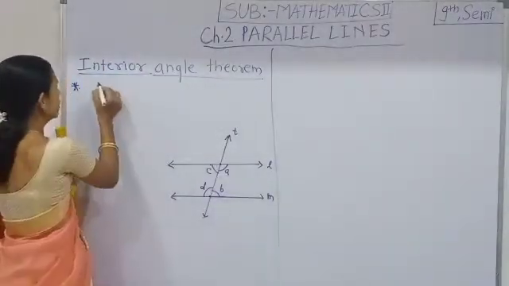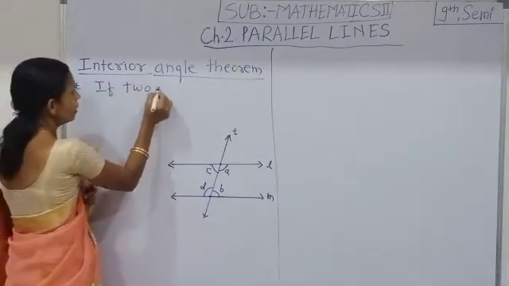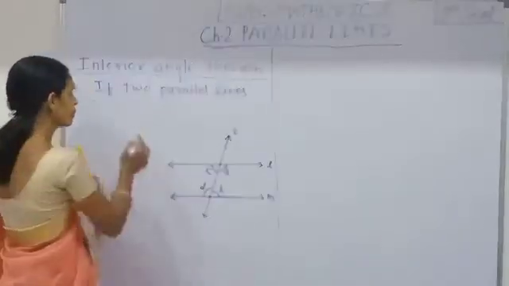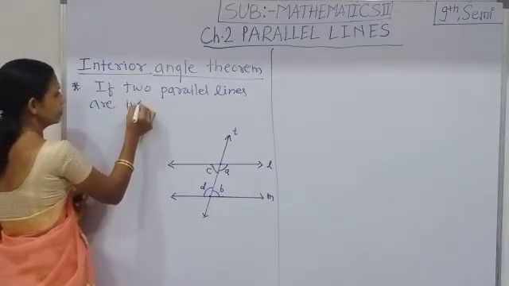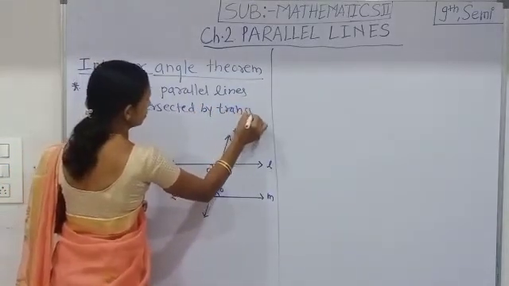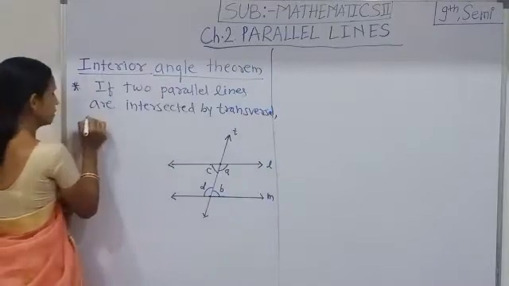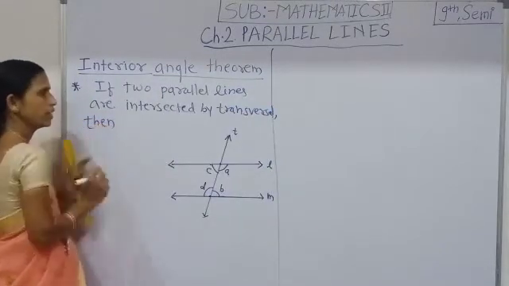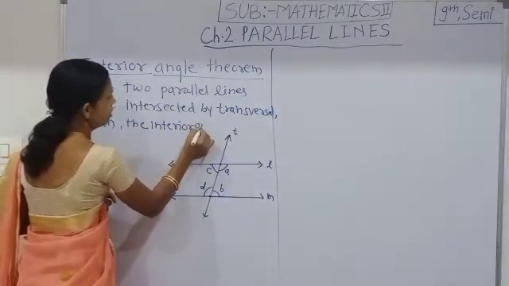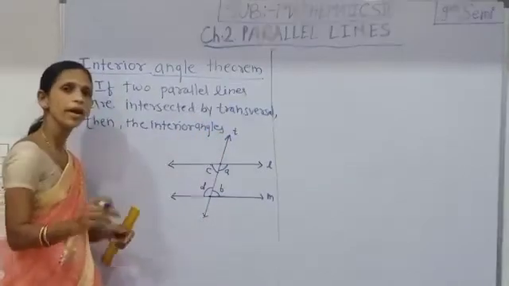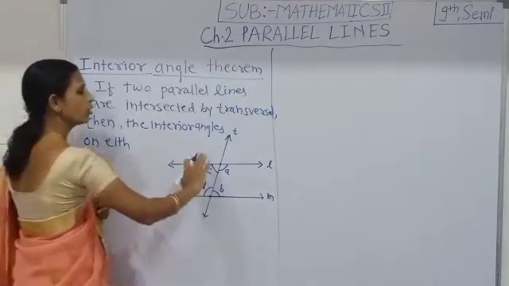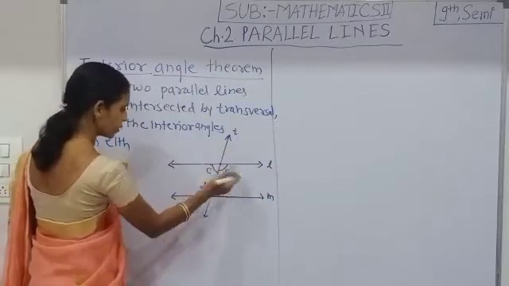See here, if two parallel lines are intersected by a transversal, then the interior angles made by the transversal on either side of the transversal are supplementary.